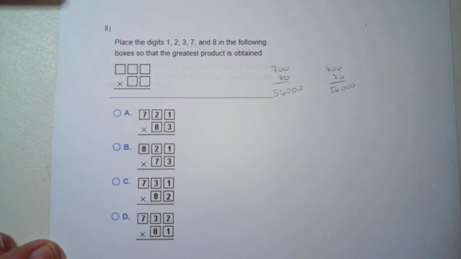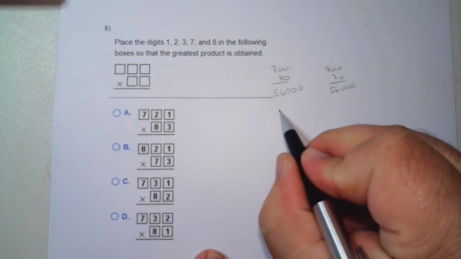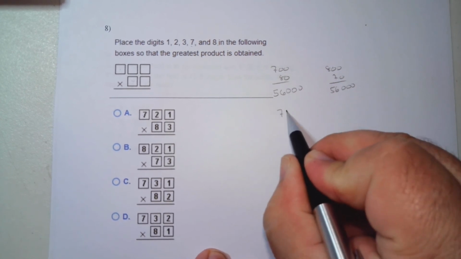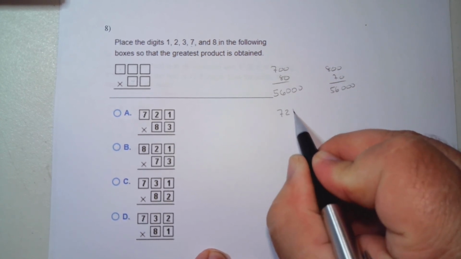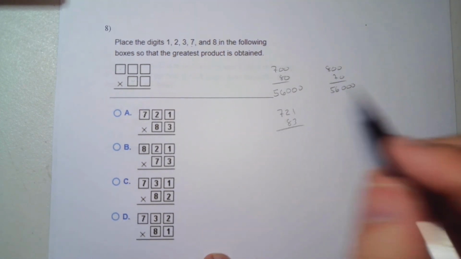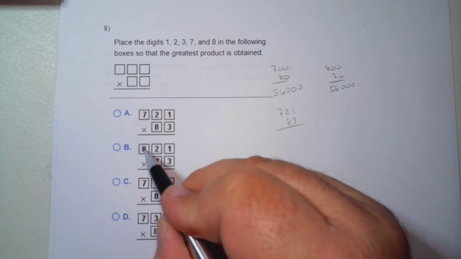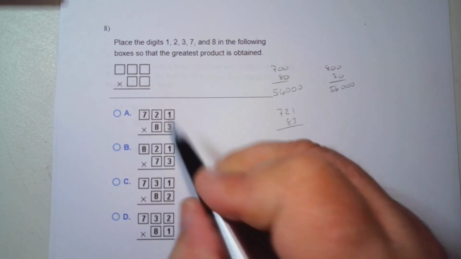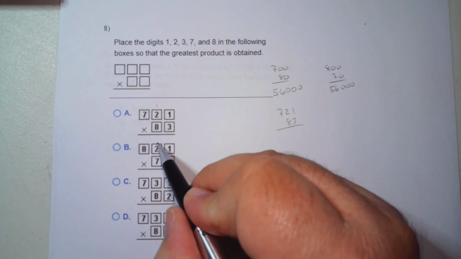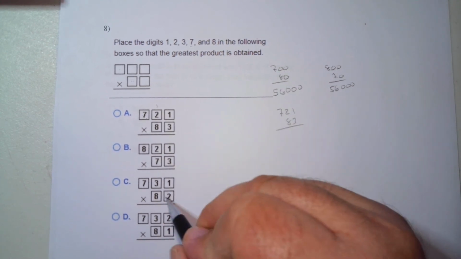Okay, so that doesn't help much. Let's look at 72 times 83, 1 times 83. Since these are the biggest numbers, that's the best way to go. Now, if the next one's a 2, that means the next bigger one has to be 3 on the bottom.